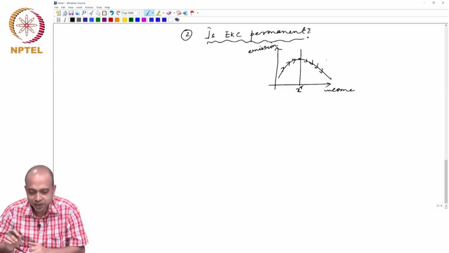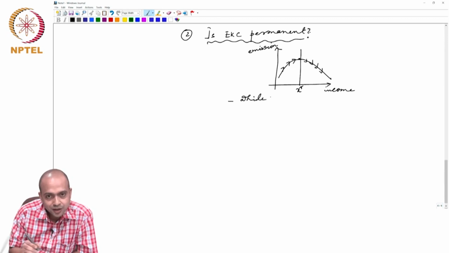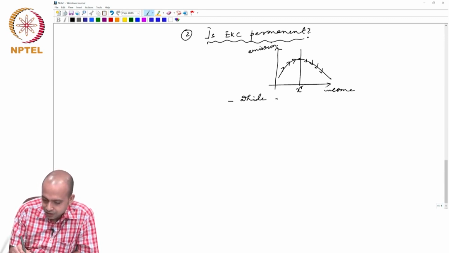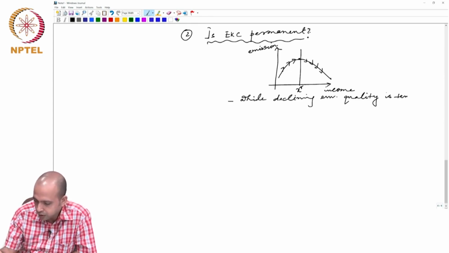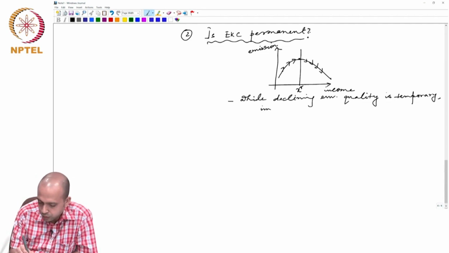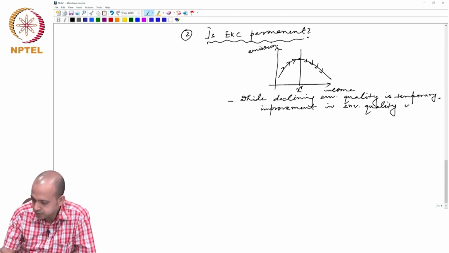So, that means what we are assuming basically here by EKC hypothesis, we are assuming while declining environmental quality is temporary, improvement in environmental quality is permanent.